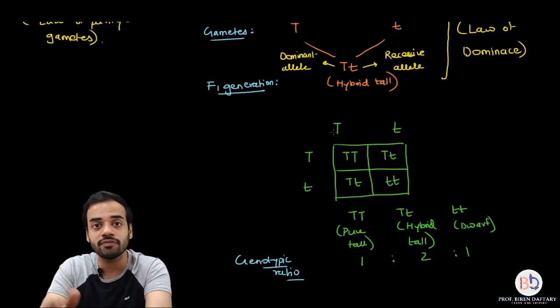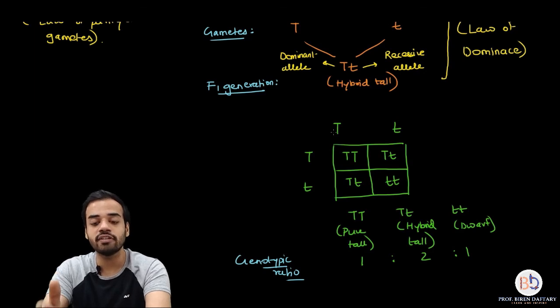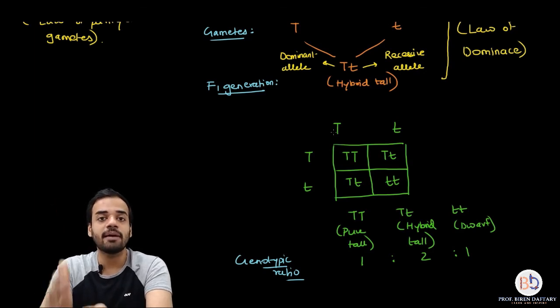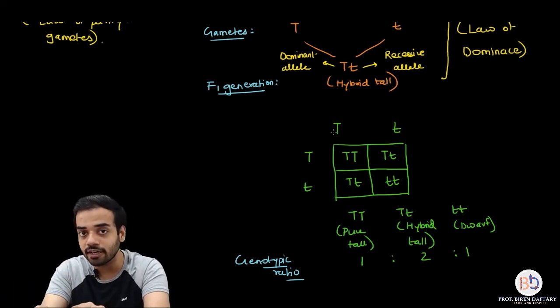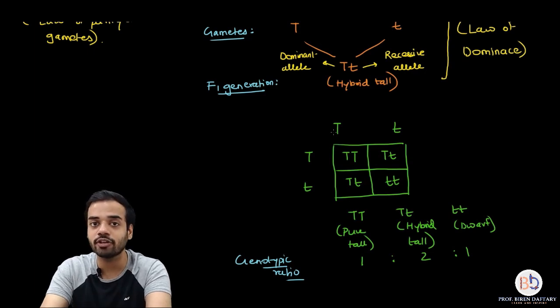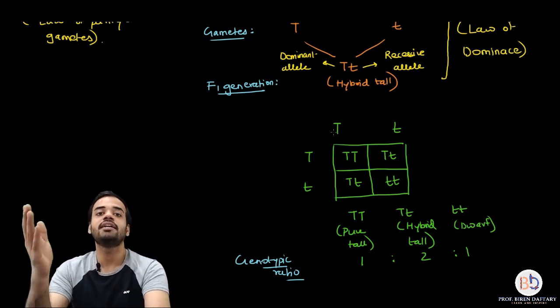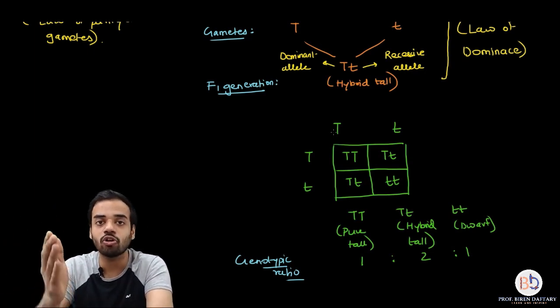This is only possible if the alleles can separate and not get mixed. That is why it is always said that the gametes are always pure. That means the alleles will always separate from each other. The alleles will remain together in the F1 hybrid, but during gamete formation of the F1 hybrid, they will separate. That is why it is called as law of purity of gametes or law of segregation or separation of alleles.